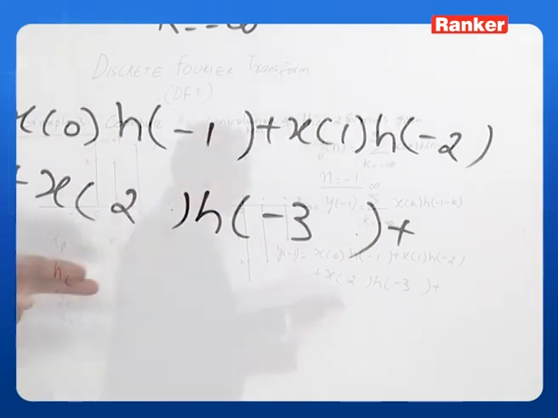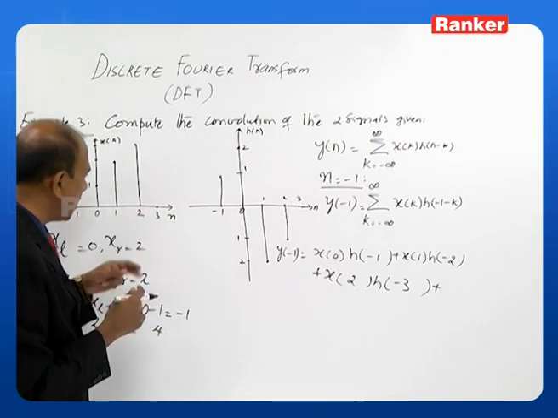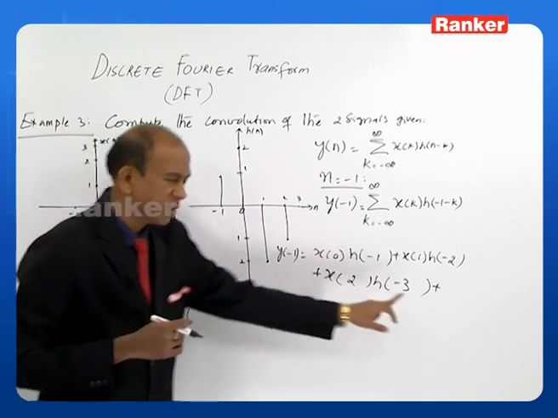We can go on, but x of 3 does not exist, so we can stop here.